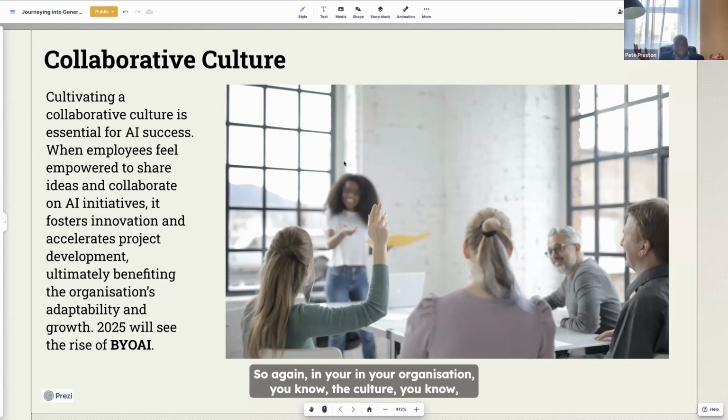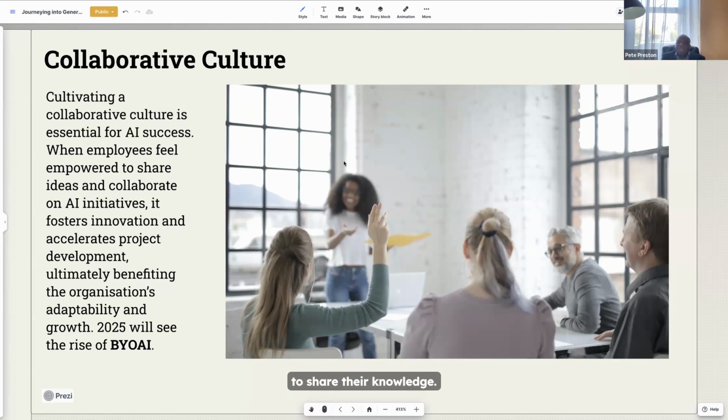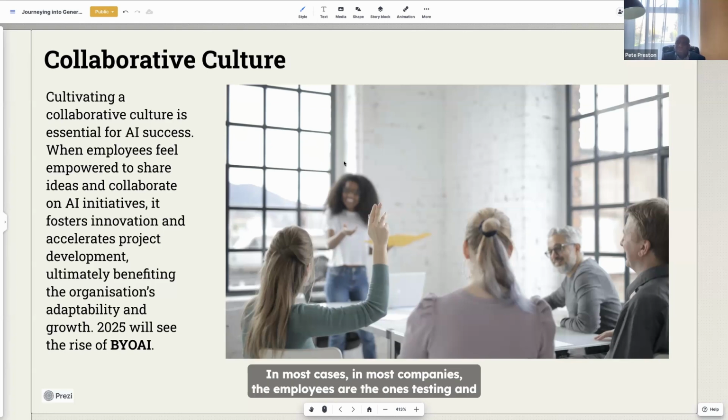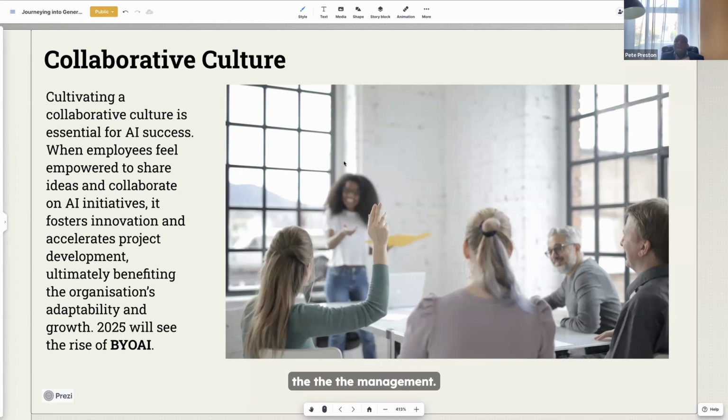Again, in your organization, there is the culture, which is called AI native: the culture of the team understanding the power and use cases of AI and being educated, so they can feel empowered to share their knowledge. In most companies, the employees are the ones testing and using these models, so they pretty much know more than the management.